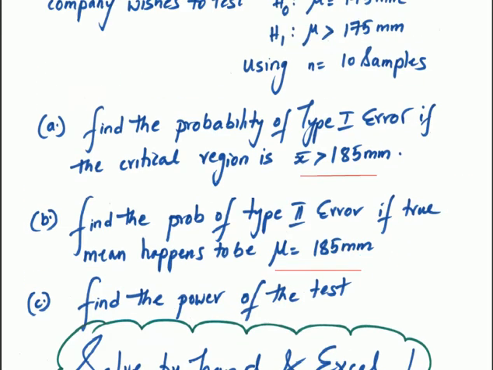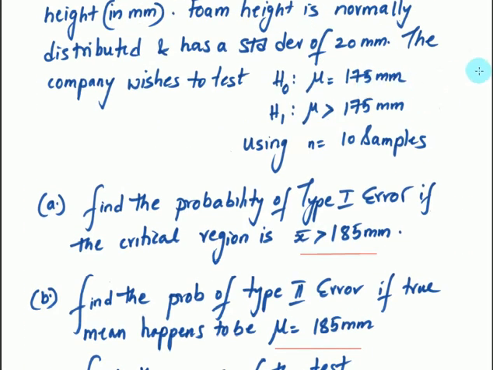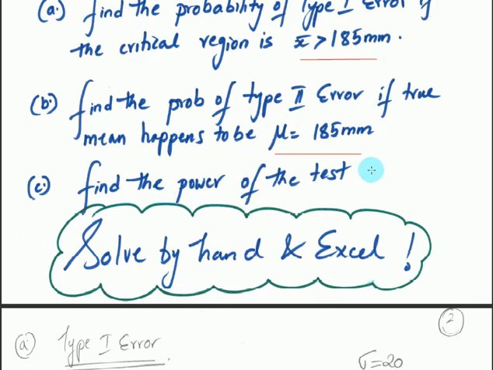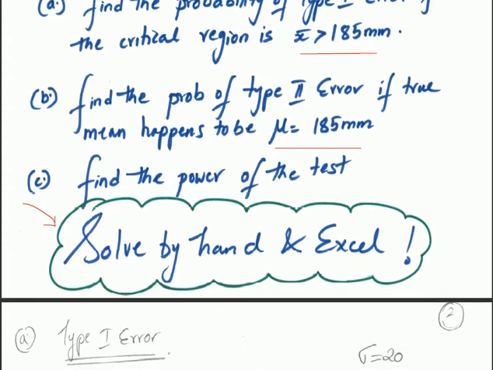If you recall, the mu we assume to be 175 here, but now we are saying mu is 185. So how do we compute the type 2 error? And then find the power of the test, which is 1 minus beta. I'm asking you to solve using both by hand and by using Excel, and I'll show you how to do this using Excel. First, let's take a look at how to solve these problems by hand, so let's get into it.